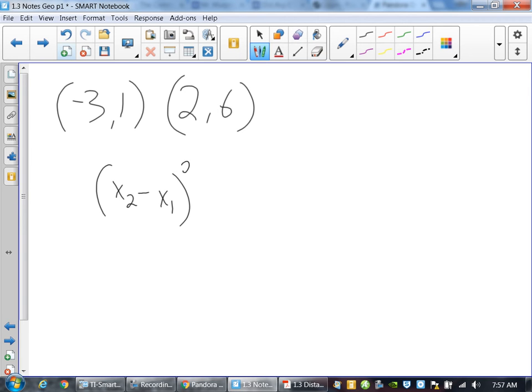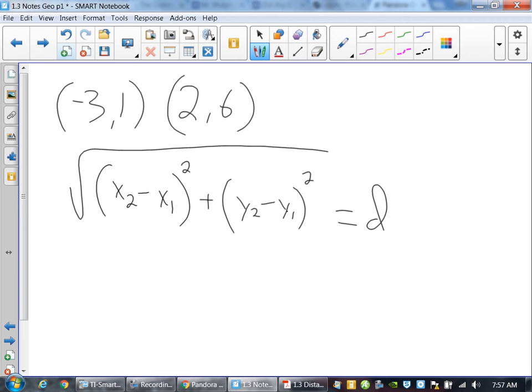We would square it. And then we would add the second y value minus the first y value, and then what would we do? We would square it. And then this would equal that diagonal distance squared. But remember, how did we undo squaring?